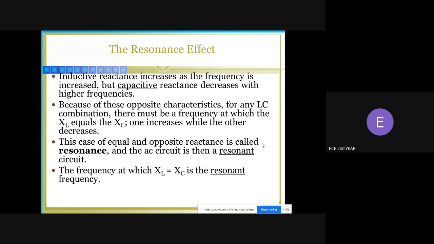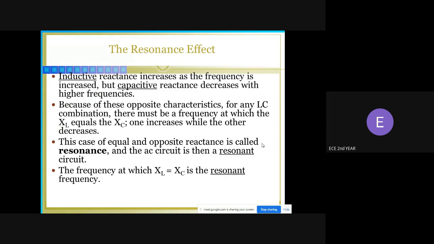What is the resonance effect? Inductive reactance increases as the frequency is increased, but capacitive reactance decreases with higher frequency. Because of these two opposite characteristics, for any inductor and capacitor combination, there must be a frequency at which XL equals XC.